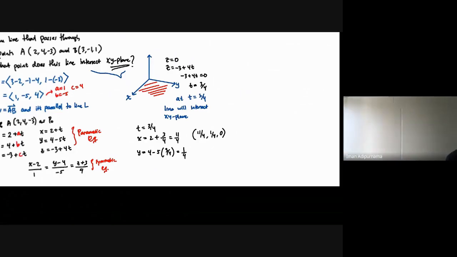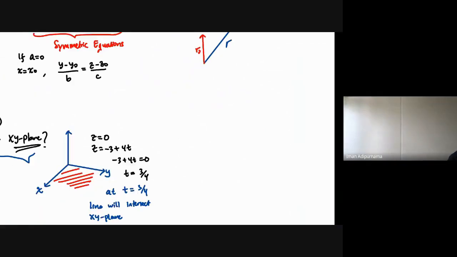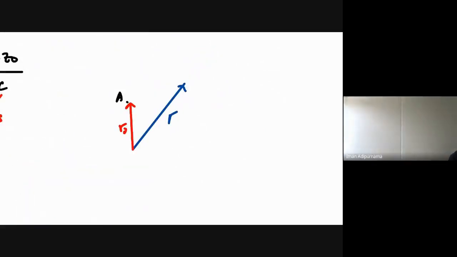Okay. Another thing about the vector positions. Let me draw this. Let's say what we have done before is maybe A is here, B is here, and that's the line, and maybe V is here.